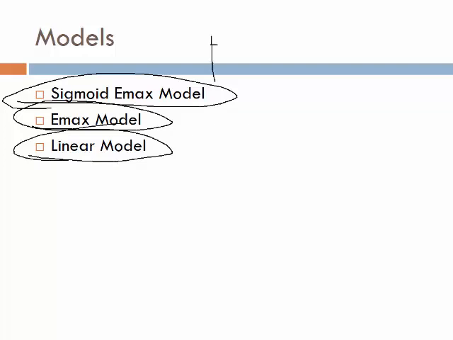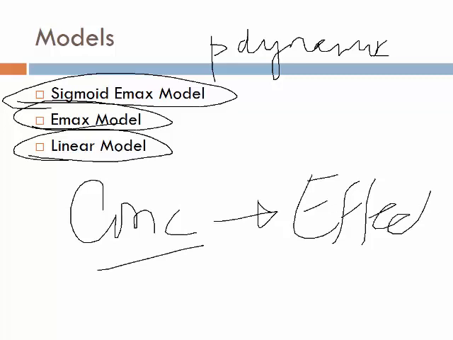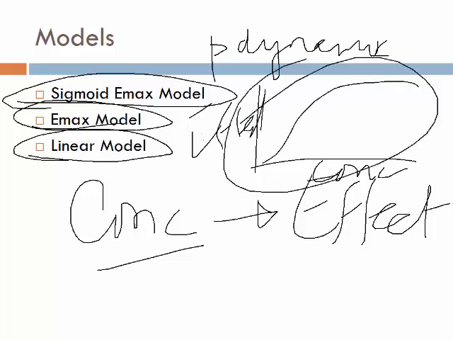So these are all pharmacodynamic models that can describe the relationship between the concentrations we achieve and the effect we see. So it's going to be concentration, effect, right? And what kind of relationship we're seeing here. So at any particular concentration, what's the effect going to be? Okay, so we'll see you in the next video.